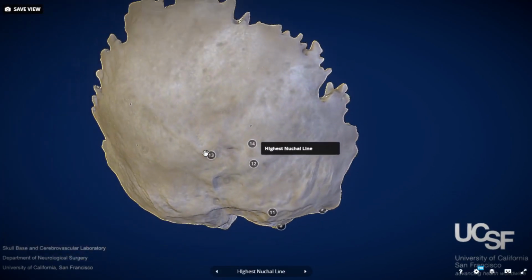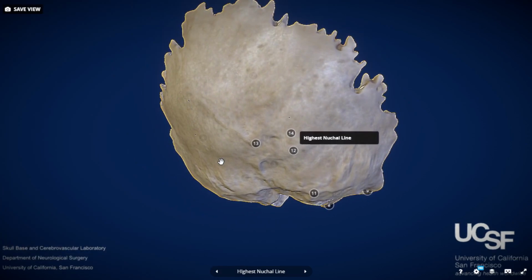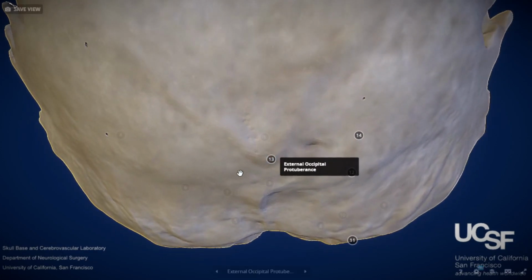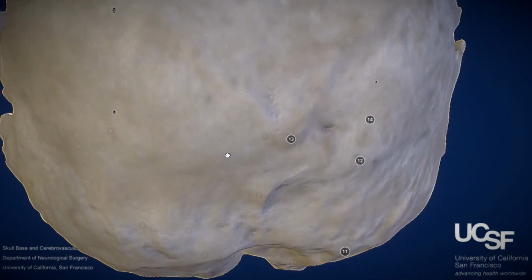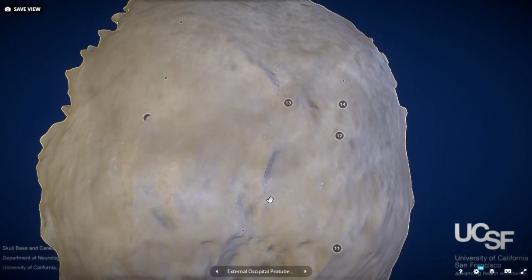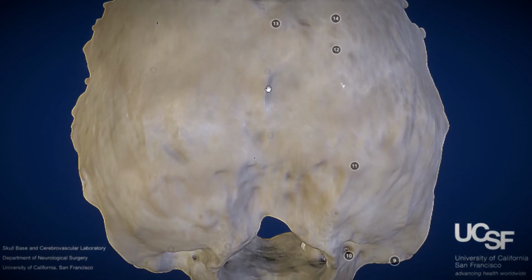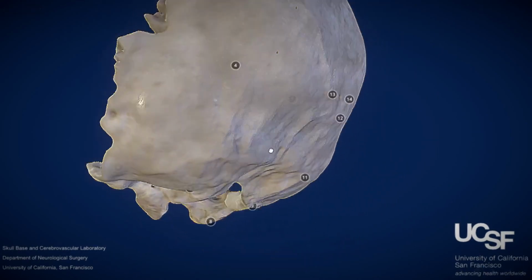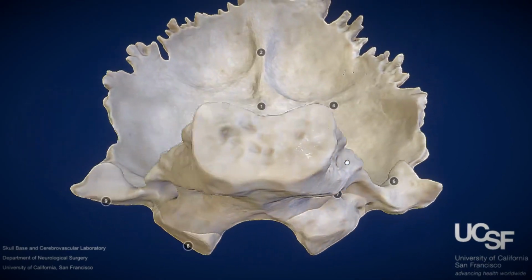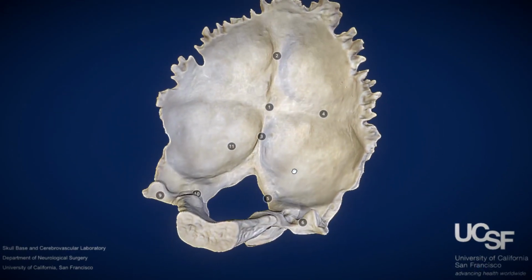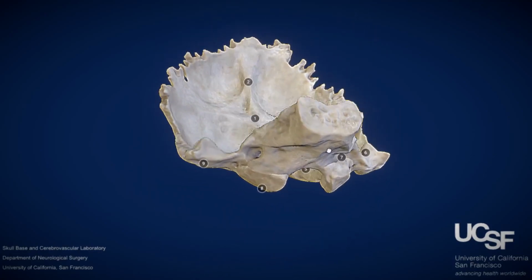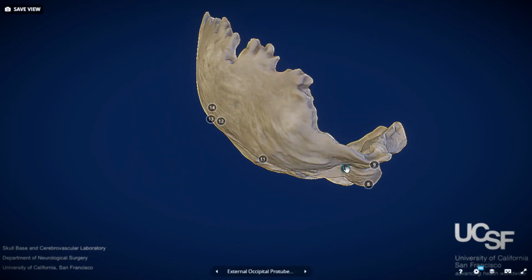Superior to that nuchal line, we have the highest nuchal line. Just in the midline, we have the external protuberance, also called the inion, and medially there's going to be a median nuchal line. And that's an overview of the occipital bone, which is going to be part of the craniocervical junction.